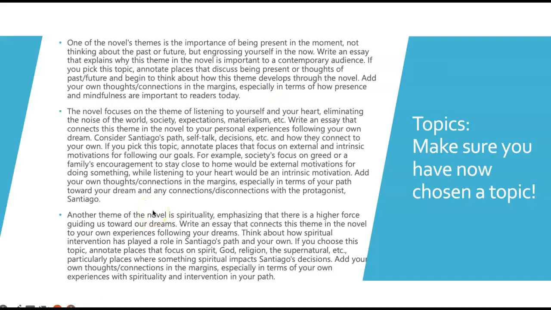Make sure also you are choosing a topic as soon as possible. The reason you want to choose it soon is that as you go, you want to be annotating moments where that theme is present. Because even in the first section of the book, all of these themes are popping up. They're also very frequently popping up in the latter section of the book.